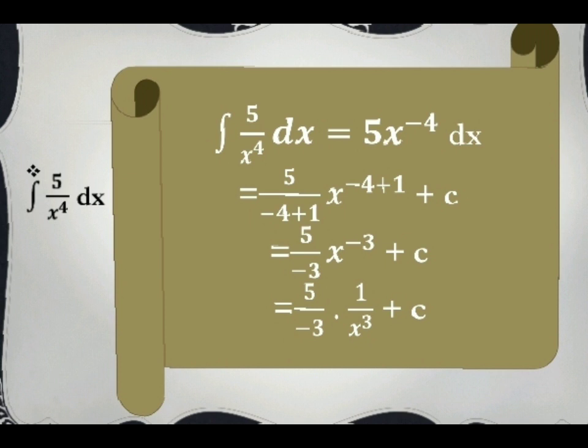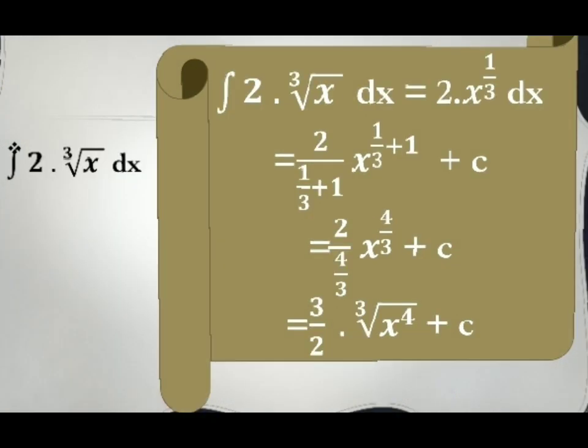So to simplify this equation, we have the simplification answer 5 over negative 3 times 1 over x cubed plus c. Another example: given 2 times the cube root of x dx, equals 2 times x raised to the power of 1/3 dx.